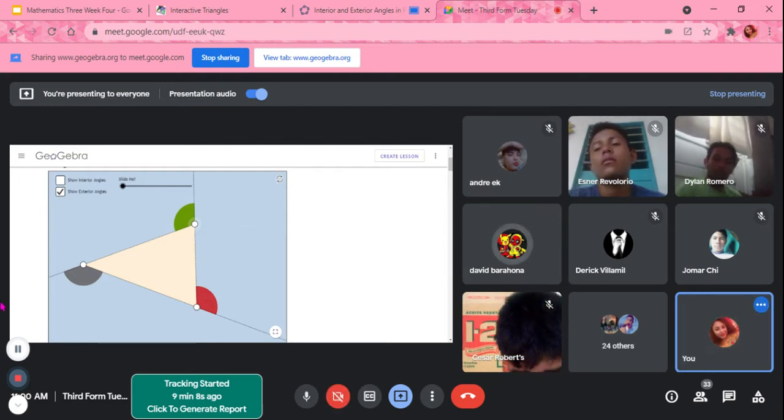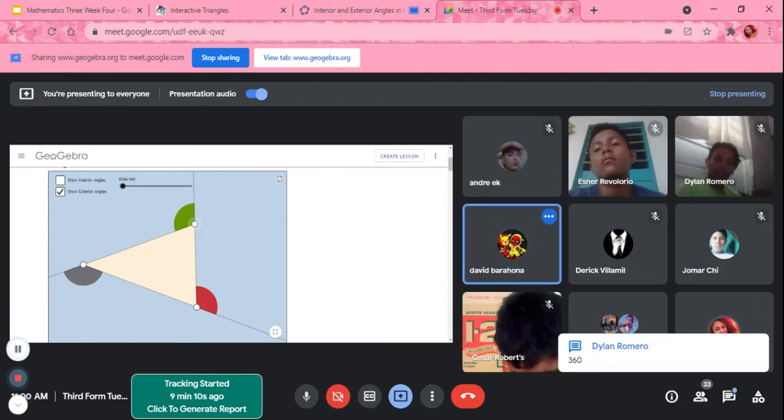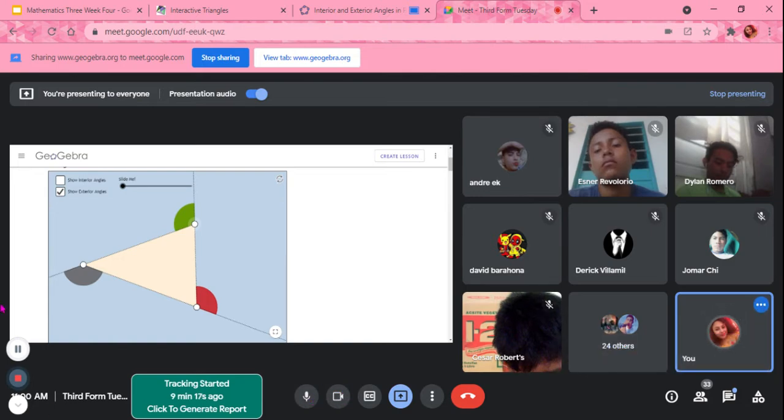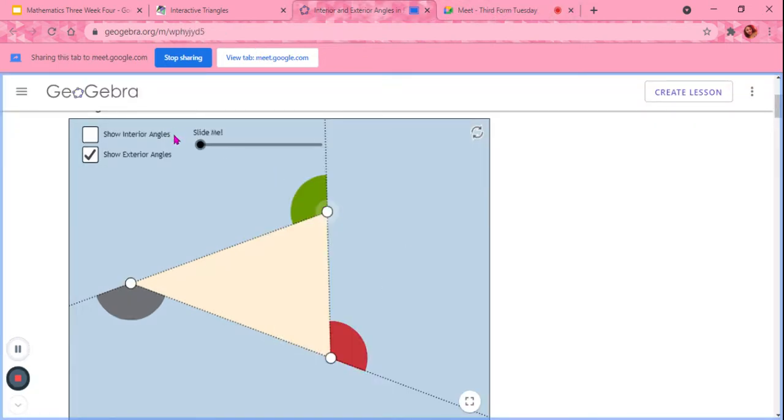Anybody knows? 360. To 360. Very good. So they have to add up to 360. So if my triangle looks like this, they're supposed to add up to 360. And 360 is the magnitude of a circle.